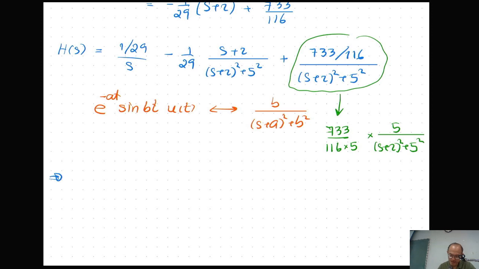So plugging in all this, I have H(s) equal to 1 over 29 over s minus 1 over 29 times (s plus 2) divided by (s plus 2) squared plus 5 squared.